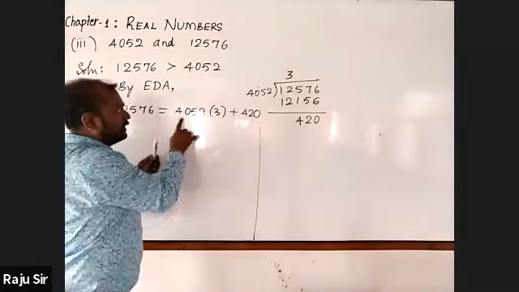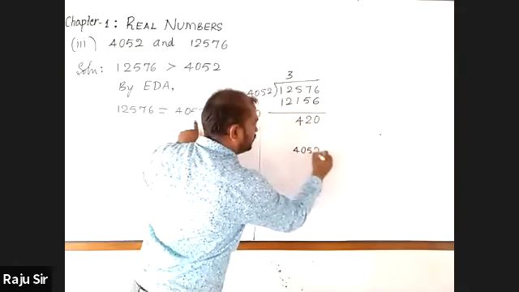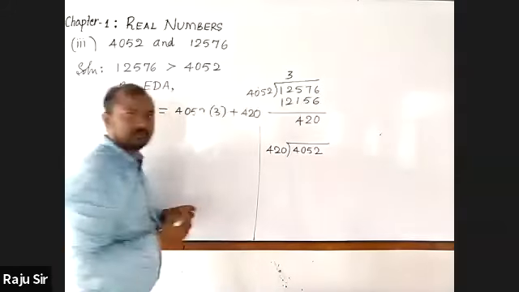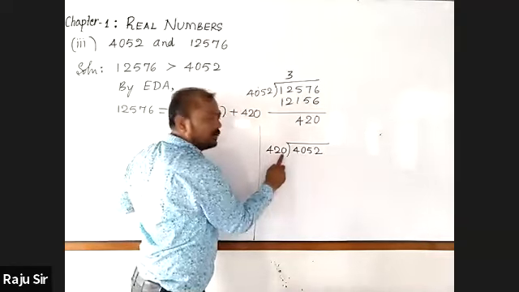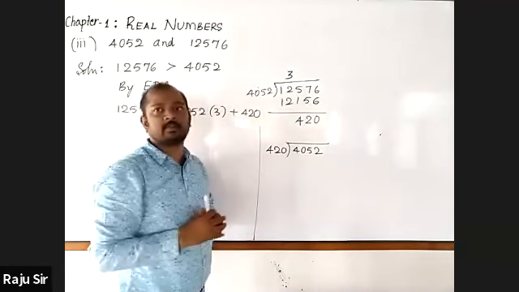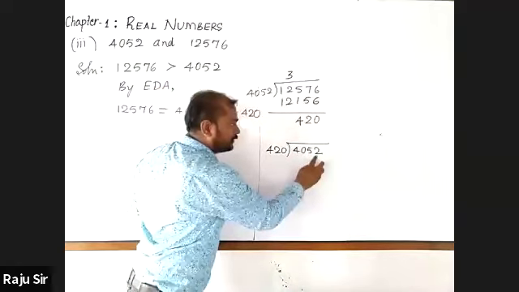Now, here, let us divide 4,052 by 420. When you take 3 digits, it is 405. It is 420, so it is not possible to divide. Hence, we need to take all the 4 digits. 420 into 9. Very good.